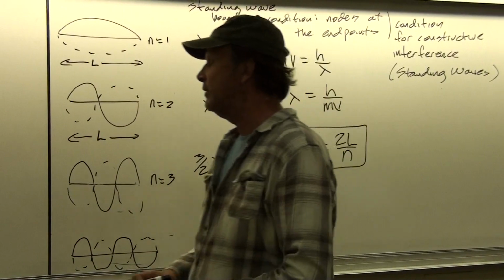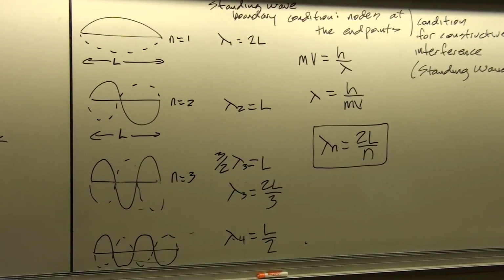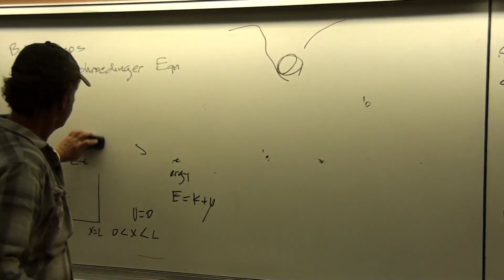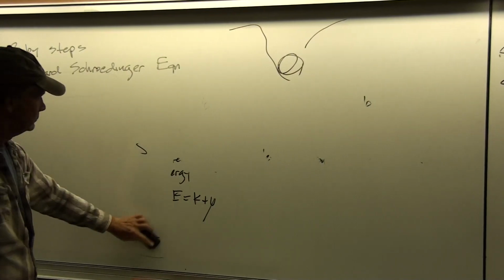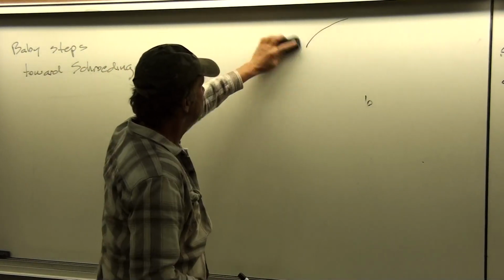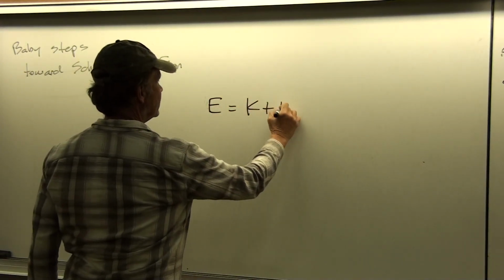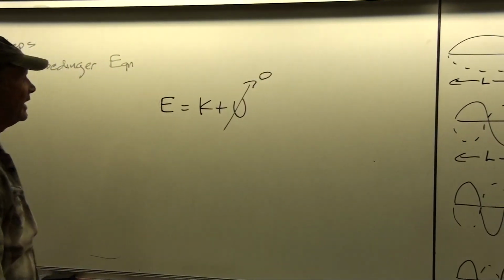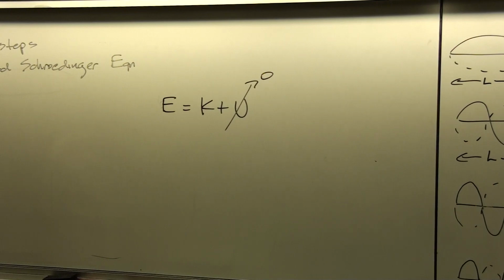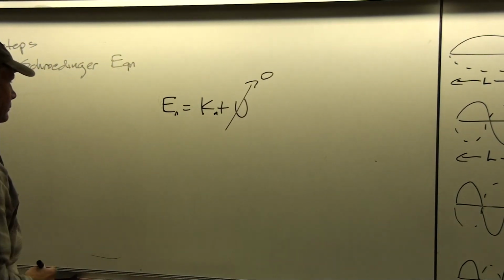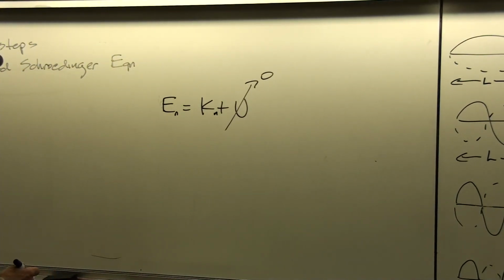We know that we're dealing with sine wave harmonics, and we know that the total energy, E, is equal to kinetic energy plus potential energy. But because we're inside of an infinitely high box with no potential energy inside the box, the total energy of the nth harmonic equals the kinetic energy of the nth harmonic.